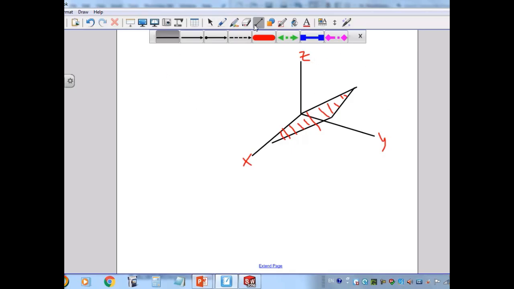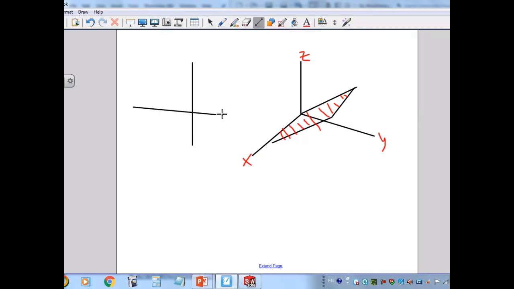So an orthographic view looks like this.